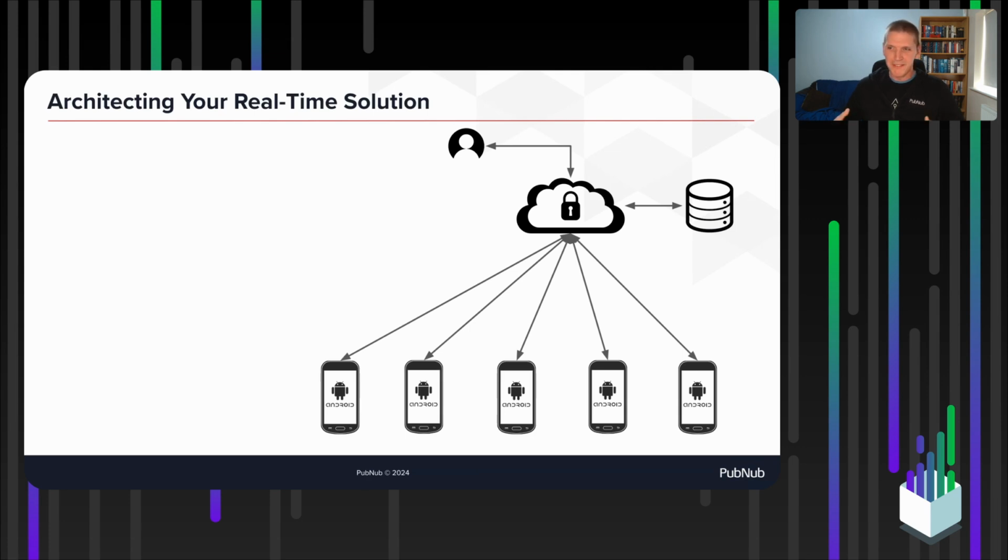You're not recording the individual video frames of the character as they're moving around. You're recording the kart motion as it goes around the course, and you're storing all of those in a database for later replay. Obviously, that scenario could extend to any other category, but you imagine we store this real-time data as it's happening. I will talk a little bit more about that on the next slide, actually.